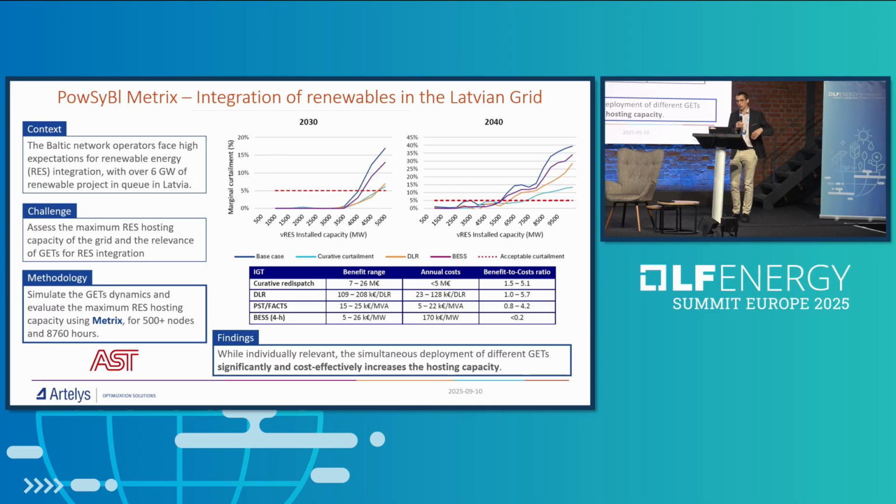So let's say, okay, we are going to start with preventive redispatching, then we will do DLR, and then we will end up with curative redispatching, or maybe it's going to be the other way around, so that they can roadmap the deployment of these new technologies.